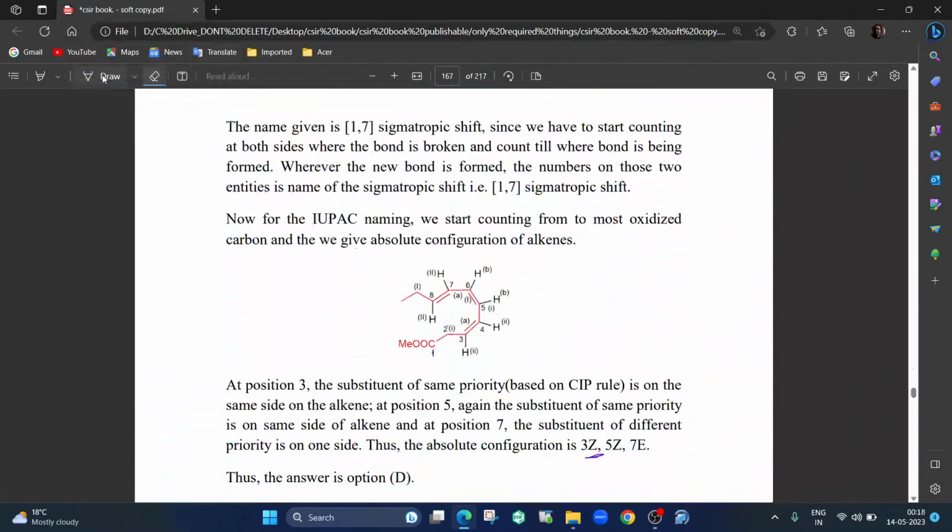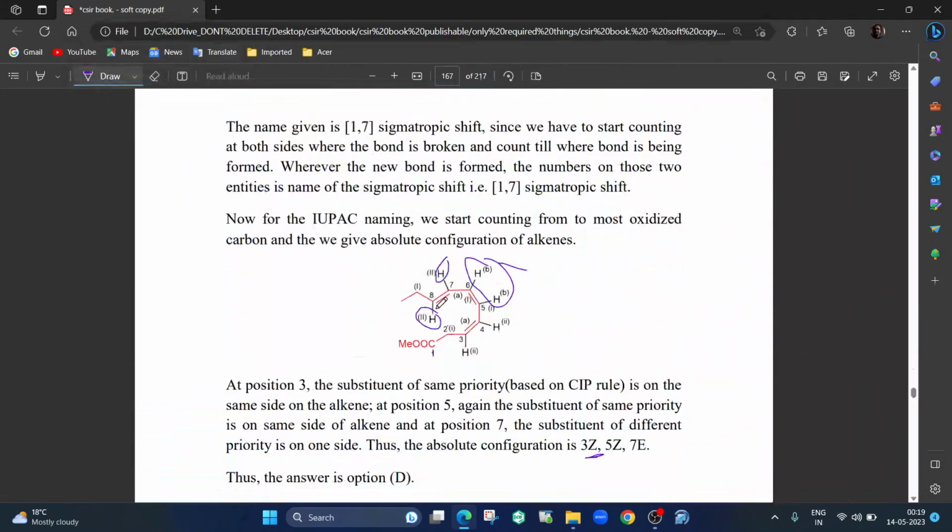Similarly, if you look here at position 5 and 6, hydrogen, there cannot be anything which has lower atomic number than hydrogen. So of course you can see the two hydrogens are on the same side, so again it is Z. Whereas here on 7, 8 you can see the two hydrogens are apart from each other, right?